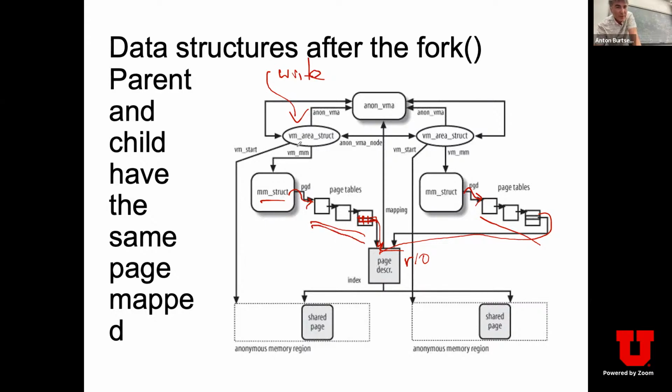Because there is no information about the list of pages in this VMA, so you really have to walk the page table. You will figure out the copy-on-write bit here, right? And you say, at this point, I will allocate a new page. This pointer will be pointing to this new page and this will be writable, right?